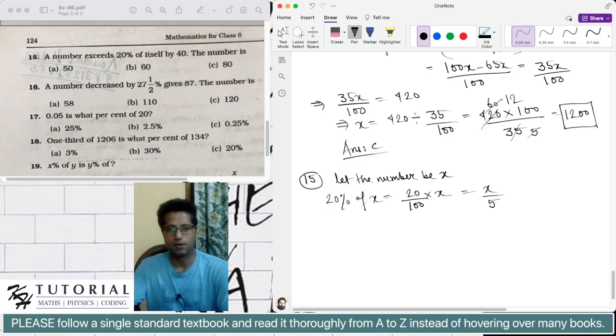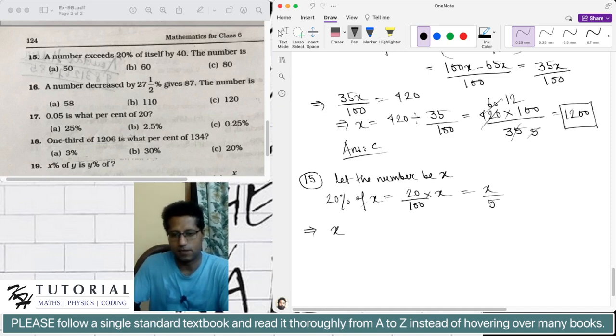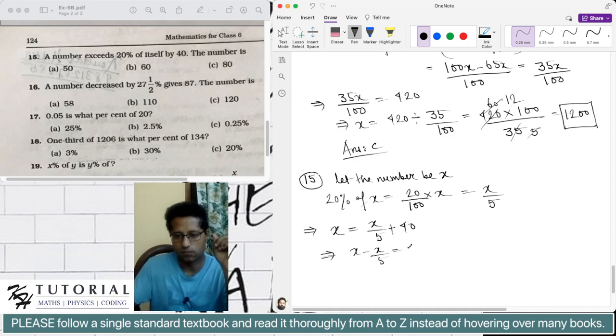Now it is saying that a number exceeds 20% of itself by 40. So exceeds 20% of itself by 40 means the number, that is x, is equal to 40 plus 20% of itself, which is x by 5. So x by 5 plus 40. So this is the linear equation in x we got, and we can solve this. x minus x by 5 is equal to 40.